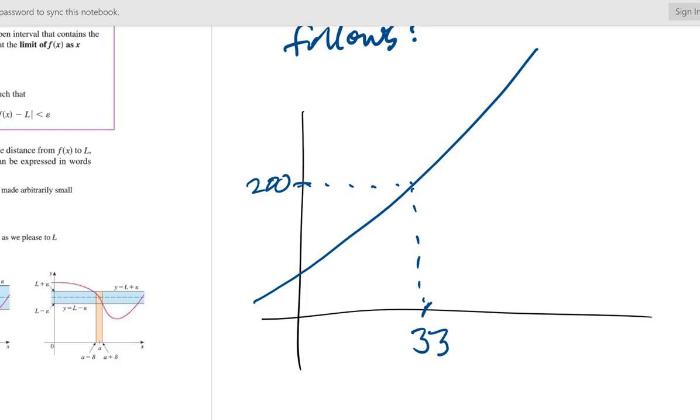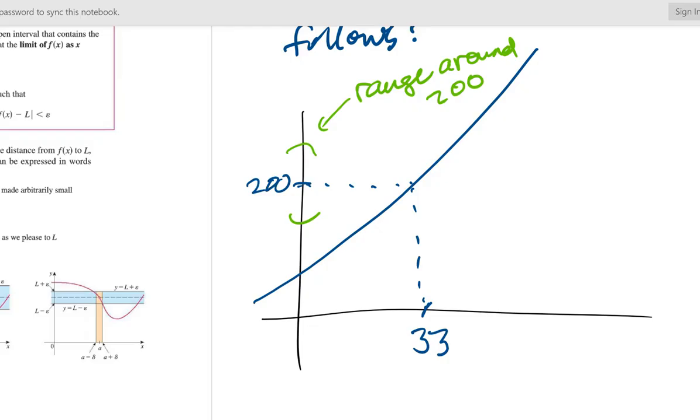If someone hands us a range around 200, in green is the range around 200. In the previous problem, that range was 1, but it could be 5, it could be 10, whatever.